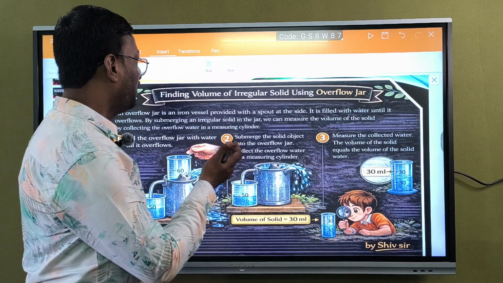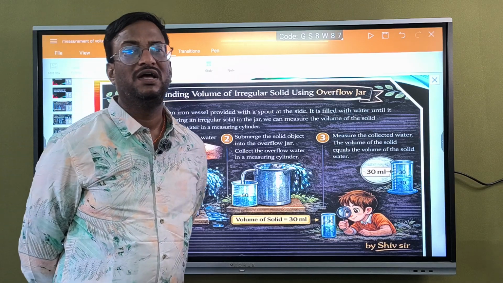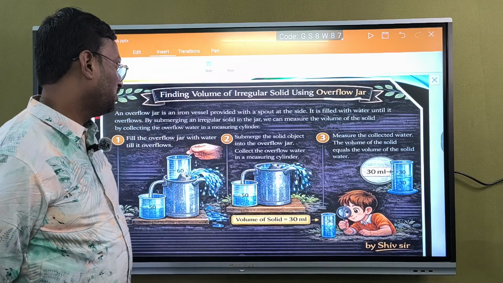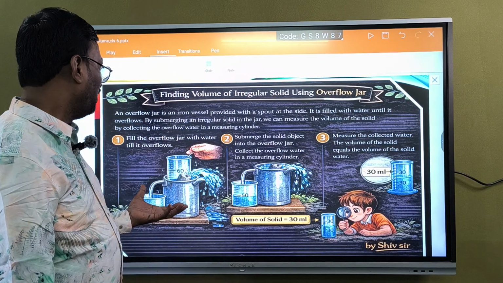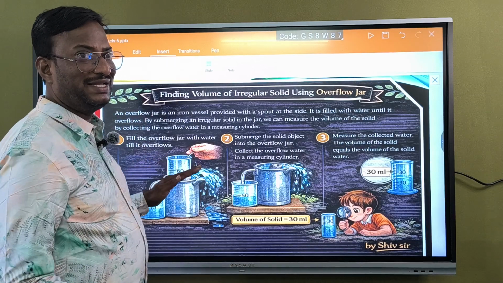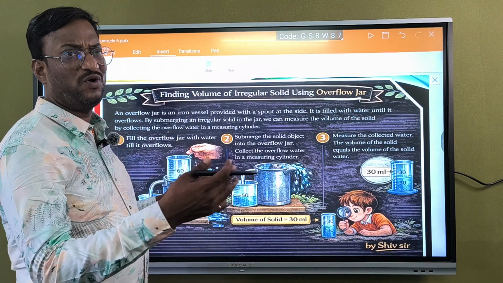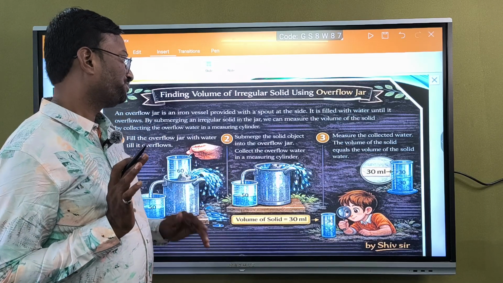Next one is measuring the volume of an irregular solid with an overflow jar. How can we measure? You fill the overflow jar with water until it overflows. Once it overflows, leave it so that it will be full.